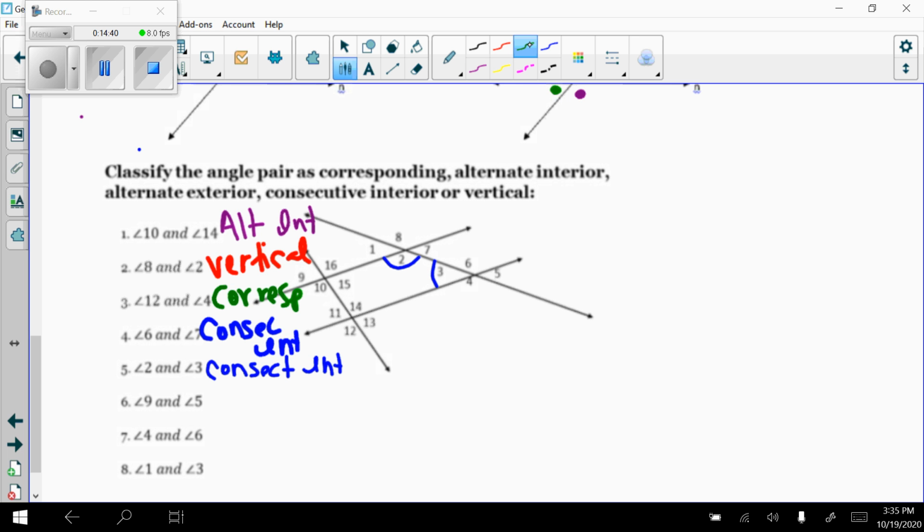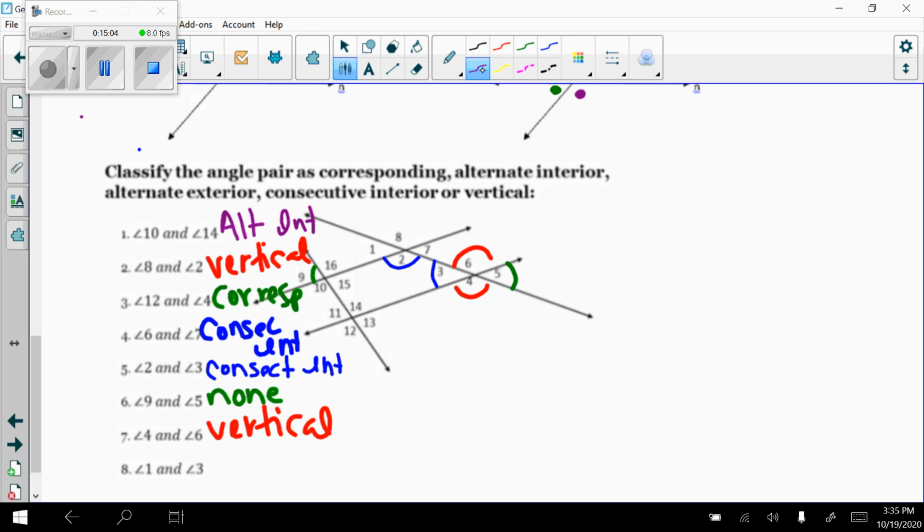Angles 9 and 5. Okay. 9 and 5, they do not both touch the exact same line, so they don't have any transversal in common. So these are none of anything that we've talked about. Angle 4 and 6, those are our verticals again.